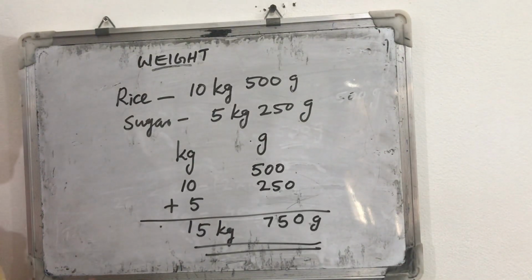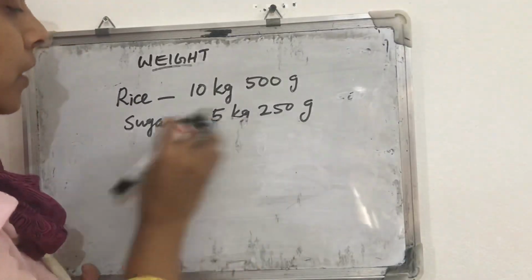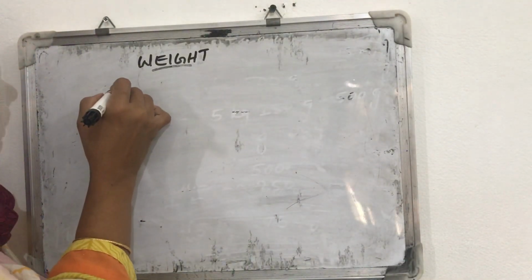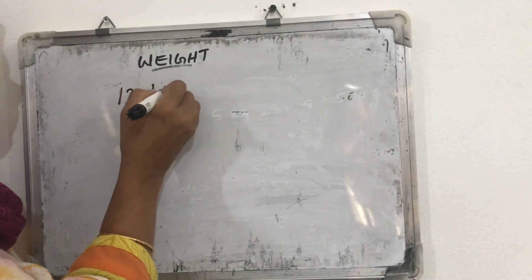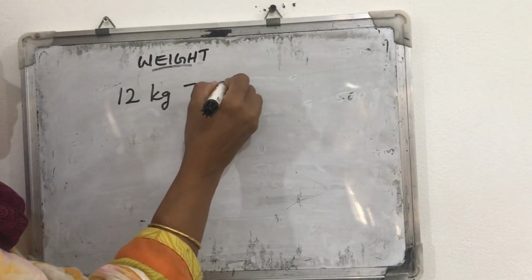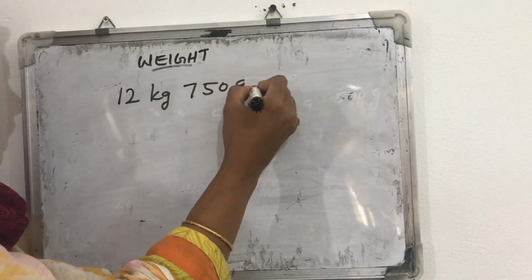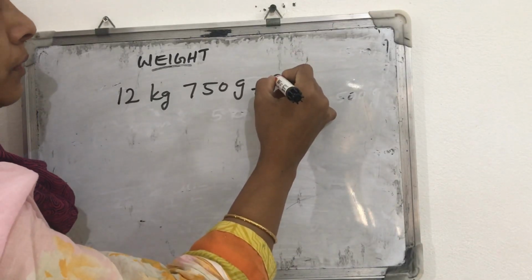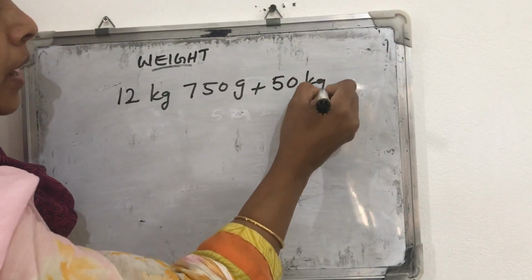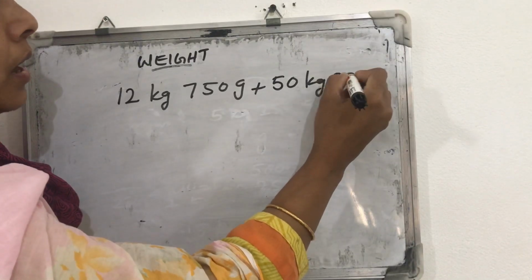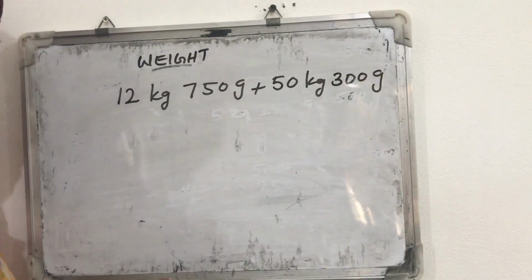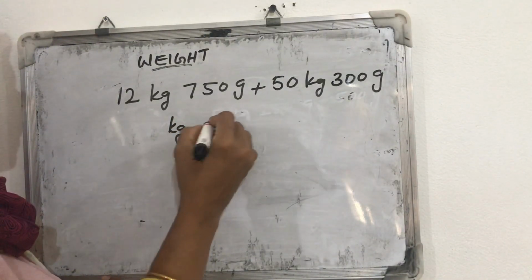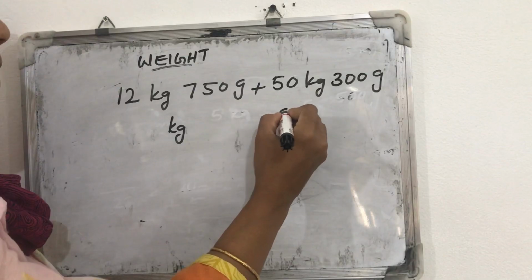Now another question, look. There are two items, one with 12 kilogram 750 gram and another with 50 kilogram 300 gram. Then we add these two weights. Here also we arrange these two weights in kilogram and gram.